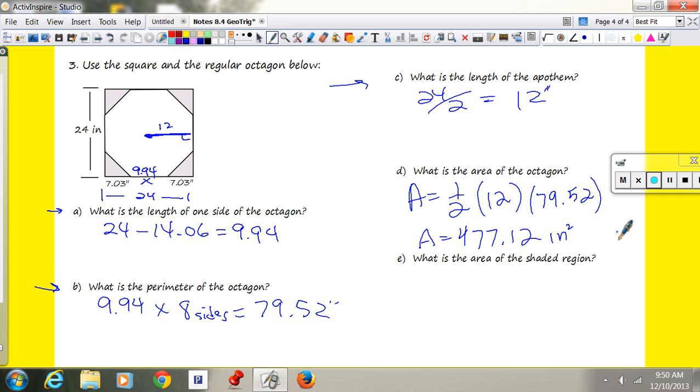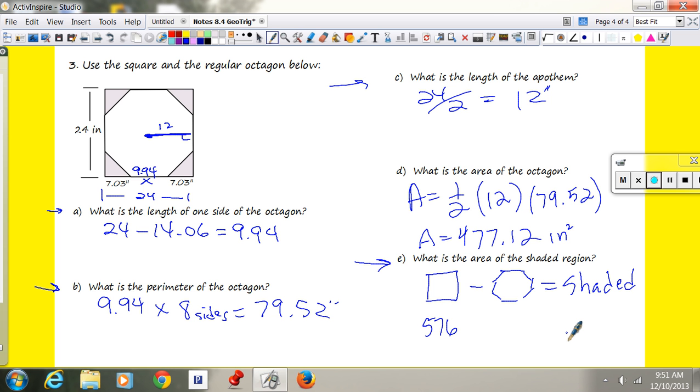Now the last question down here, letter E, asks what's the area of the shaded part? I need to take my entire square and subtract out the octagon, and that will give me the shaded part. The square is 576.